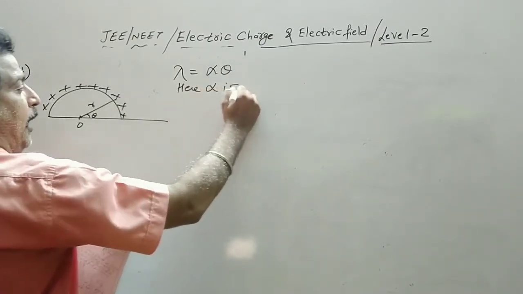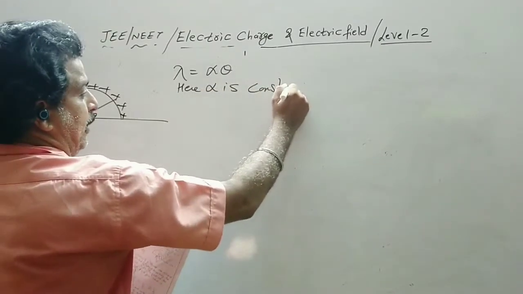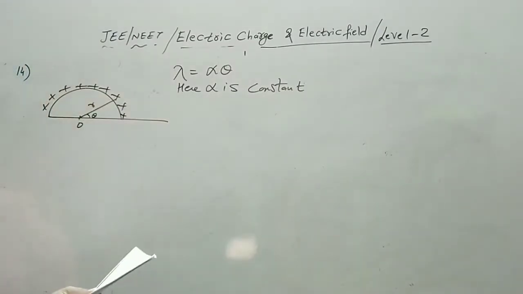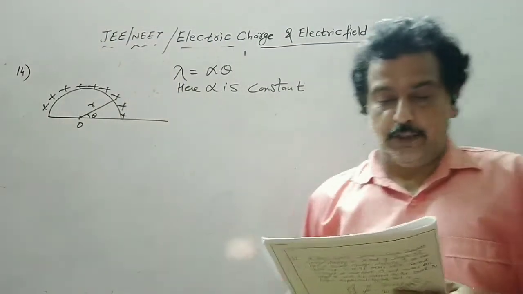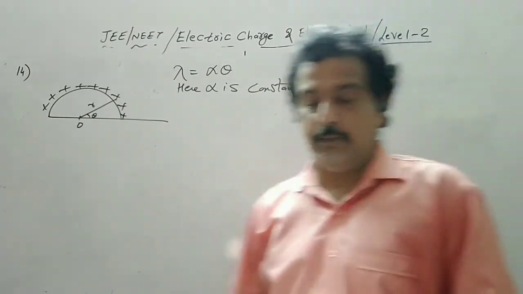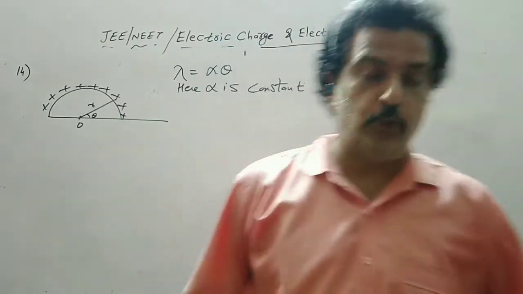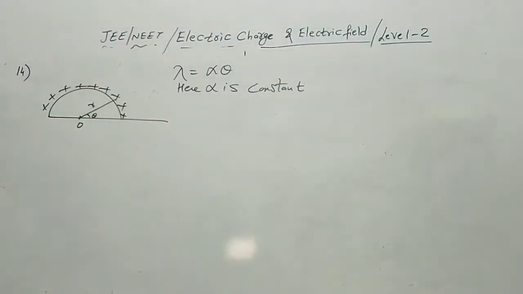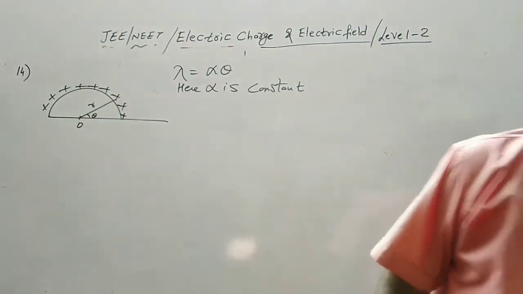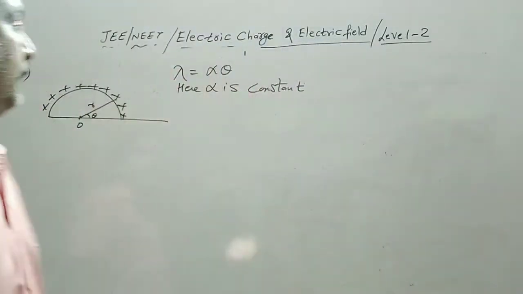Here alpha is constant, and theta is the angle measured from x-axis as shown in the figure. The radius of the semicircle is r. Find out the total charge. So I have to find out the total charge on this rim of a semicircle.